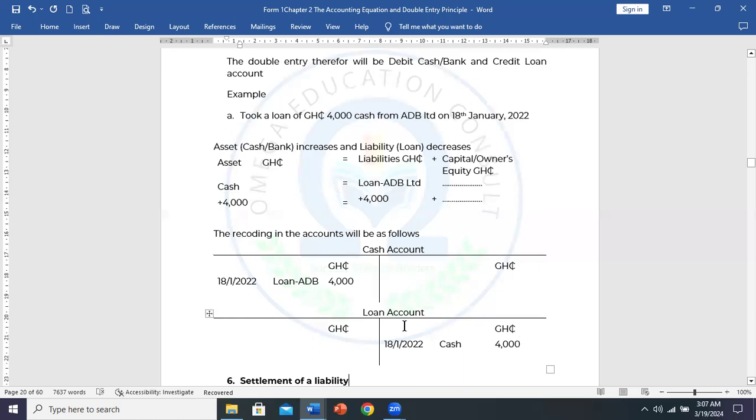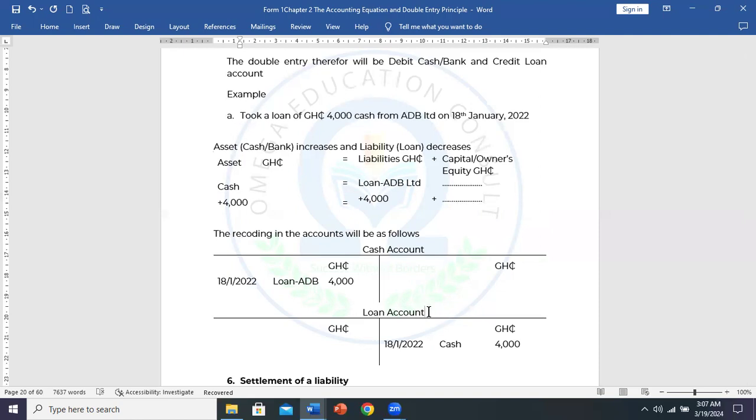If we got the loan through a check, then we'll open the bank account and the loan account. Sometimes if the name of the bank is given, you can attach it to the loan account. But the main account you open is the loan account as a liability.